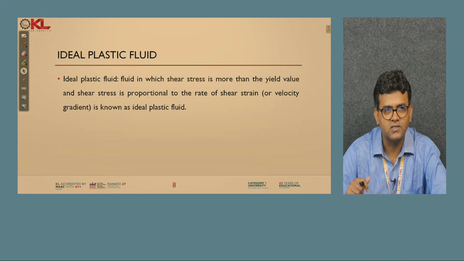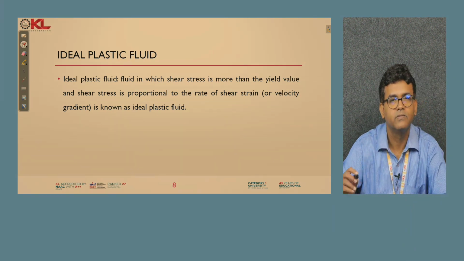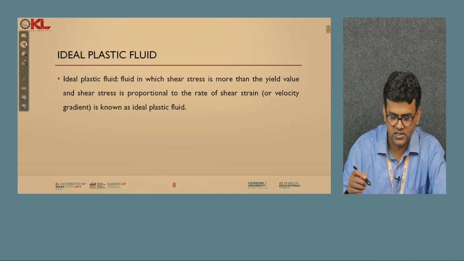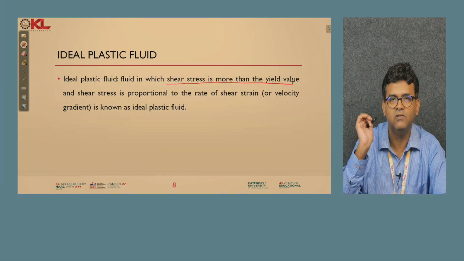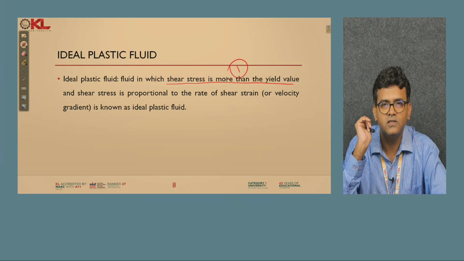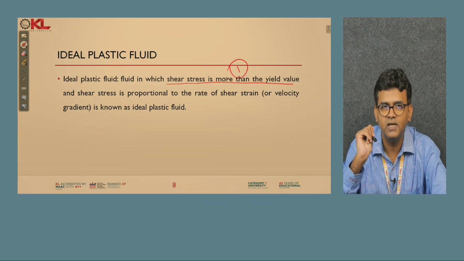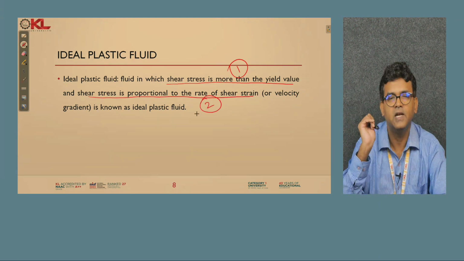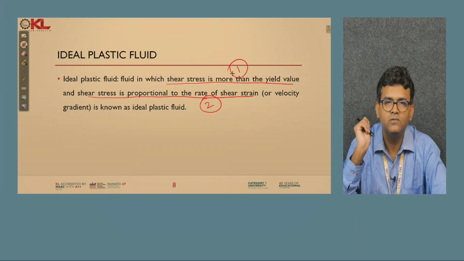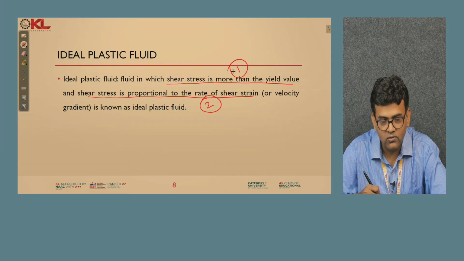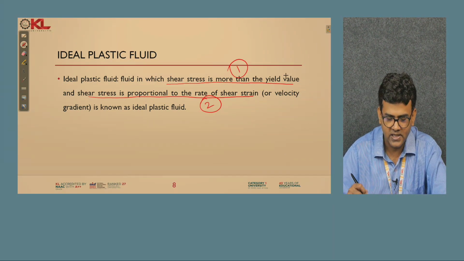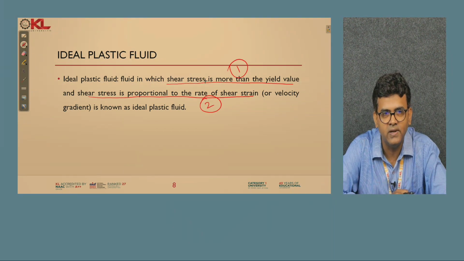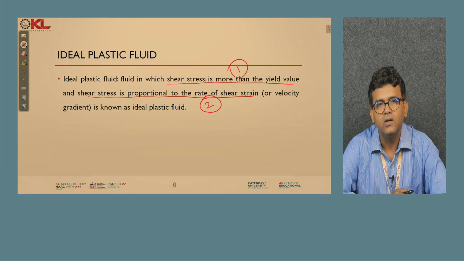See, here there are two cases. The first is that shear stress is more than the yield value. The second is that shear stress should be proportional to the rate of shear strain. The fluid has to follow both statements.